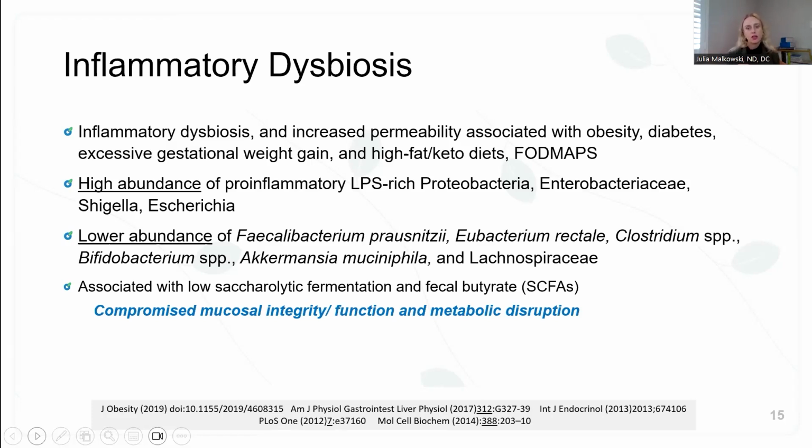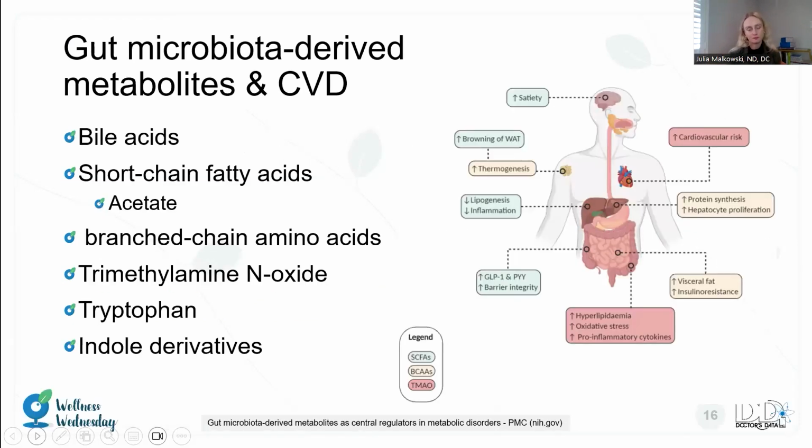These species have that end product LPS, which is inflammatory. And it's characterized by lower abundance of the healthy bacteria, such as Faecalibacterium prausnitzii, Akkermansia muciniphila, Eubacterium, Bifidobacterium, and Lactobacillus. Those bacteria tend to be too low. As a result, you end up with lower fecal butyrate production and end up with compromised mucosal barrier integrity function and metabolic disruption and maybe intestinal permeability as well.